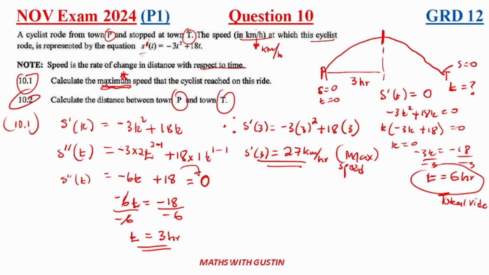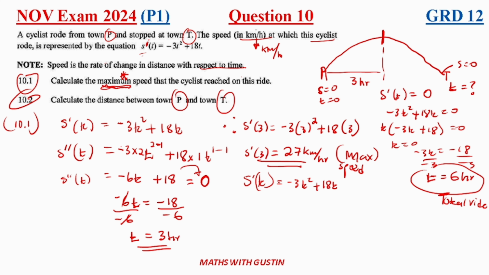So now once you have this, we need to get the distance. But remember, please note, the speed is the rate of change in distance with respect to time. So now we can derive this one backwards. The speed, s'(t), is equal to negative 3t squared plus 18t.